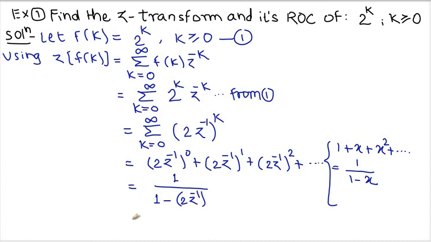Now this is equal to 1 divided by 1 minus, this 2 will be as it is, and z raised to minus 1, while shifting to the denominator, will be z raised to 1, that is z only. Okay, so z raised to minus 1 is turned to z raised to 1 while shifting to the denominator.